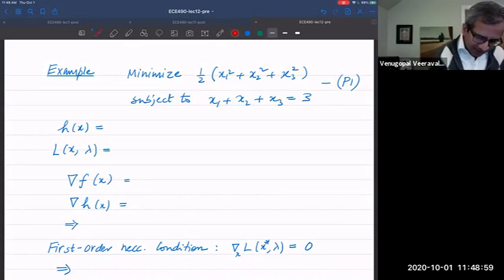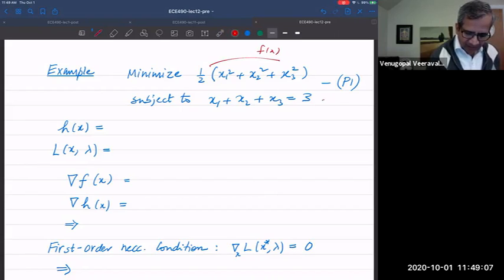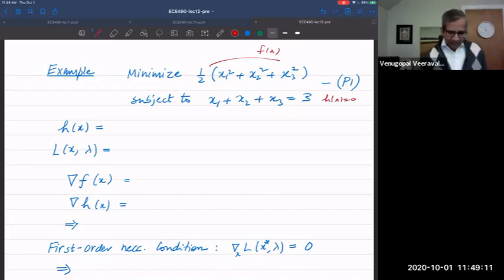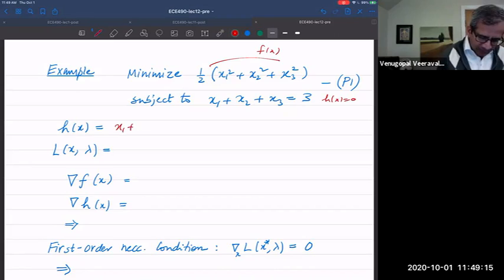So let's look at this example. So this is my f of x, and this is my constraint h of x equals 0. h of x is x1 plus x2 plus x3 minus 3 is equal to 0.